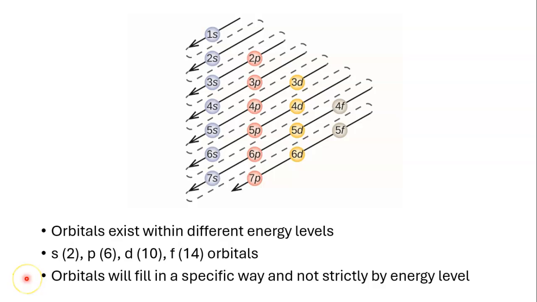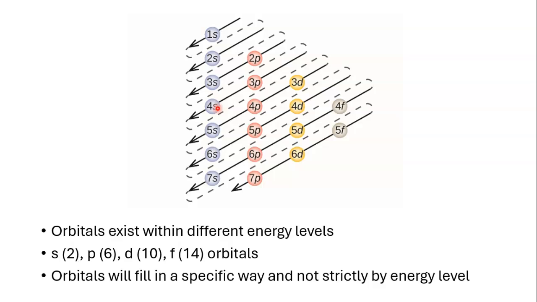These orbitals are going to fill up with electrons in a specific way, so it's not strictly going to be by energy level. They're going to fill in a way similar to that image that I had shown you, where you'll have 1s filling first, and then you'll have 2s filling, and then 2p, and then 3s, and then 3p, and then 4s.